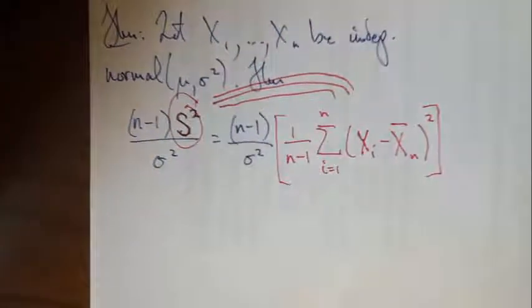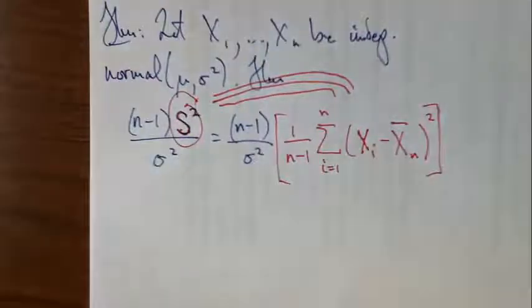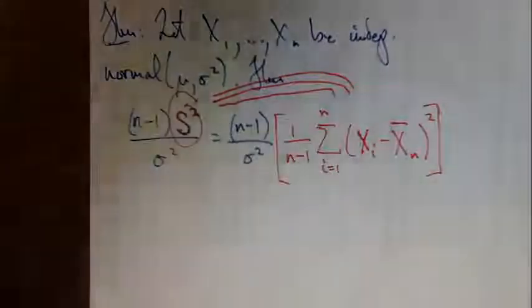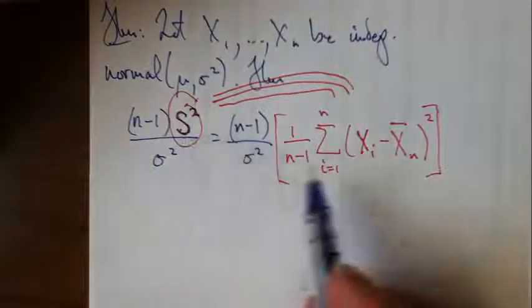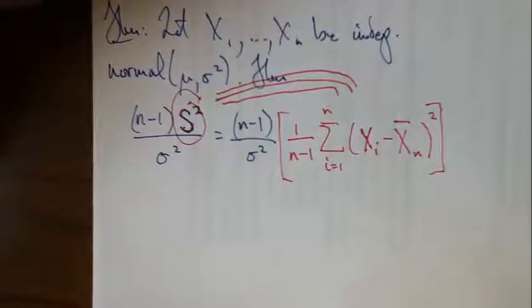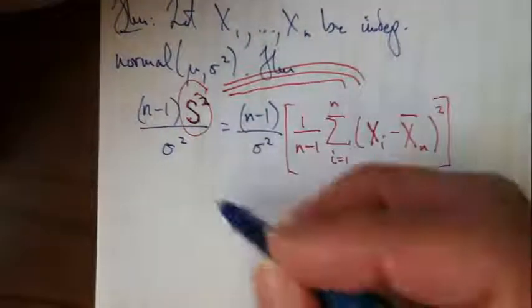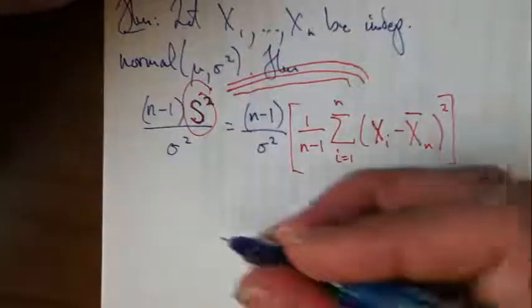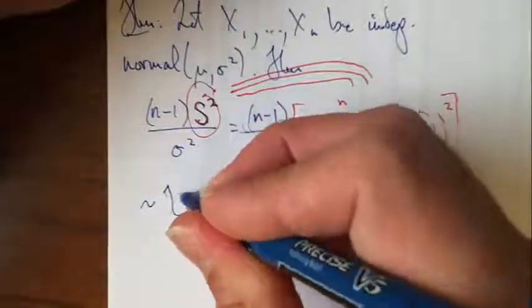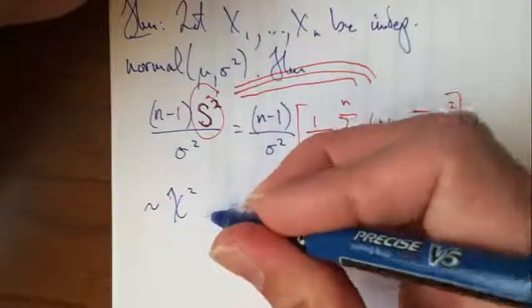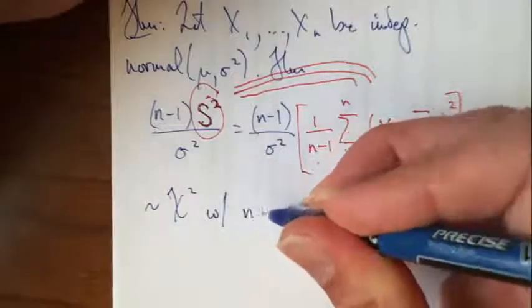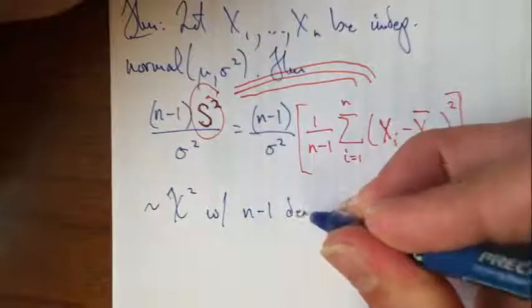All right. Well, what this theorem really says is that we're not just defining S squared here, but it turns out that this whole quantity behaves like a chi-square distribution with n minus 1 degrees of freedom.